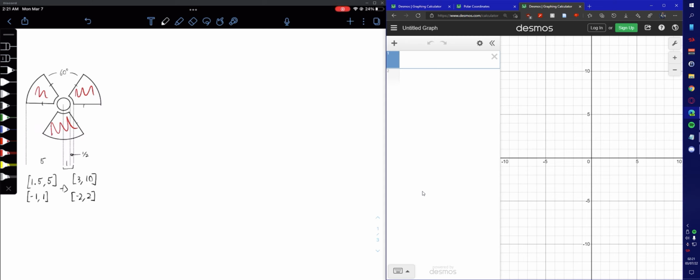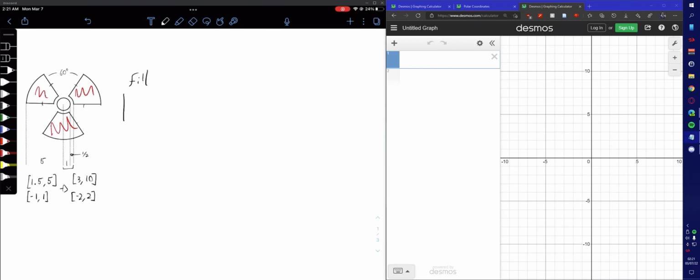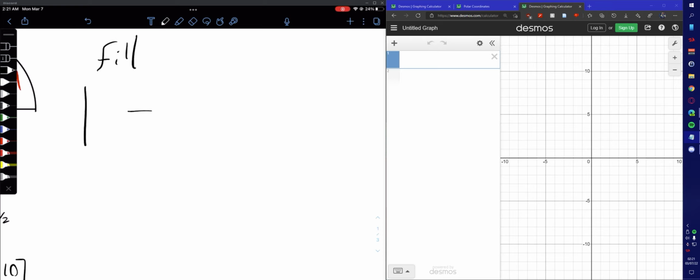The first thing is, this is a graphing calculator, not some piece of software. So how do I fill in this? Fill. Well, the first idea would be, okay, maybe I can take a circle. We can graph a circle a number of ways. X squared plus y squared equals 1.